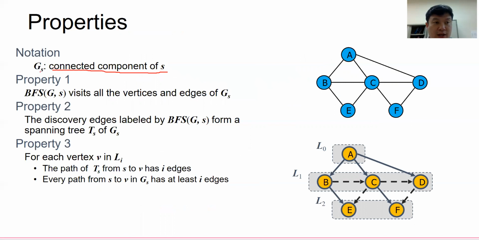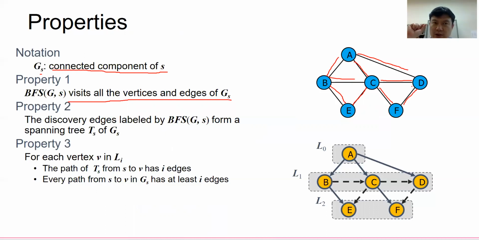Connected component of S. So the property 1 means that I would like to visit all the vertices and edges of GS. As you know, yeah, we visited this one, we visited all the edges and we visited all the vertices. Okay, so we check all those things and then we put the label discover.